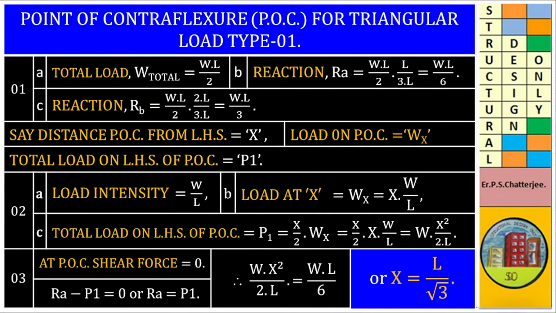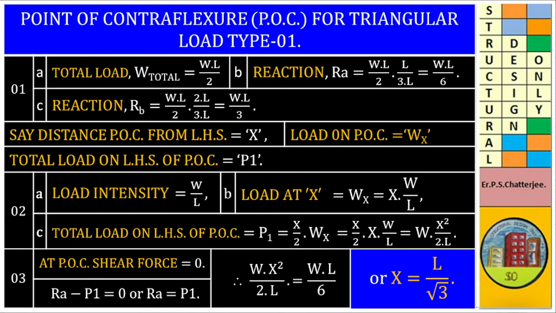Calculation of the point of contraflexure for the triangular load type 1. First we have to calculate the total load. It is WL by 2. The reaction RA is WL by 2 into L by 3 by L. Actually, this total load will be distributed to the supports in the ratio of the centroid lengths.